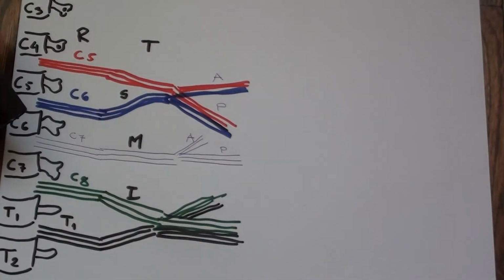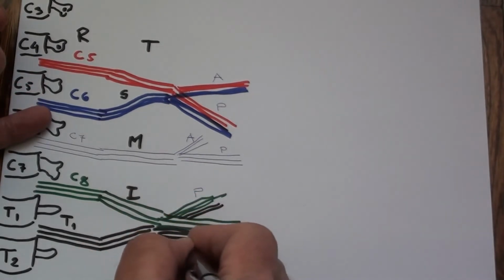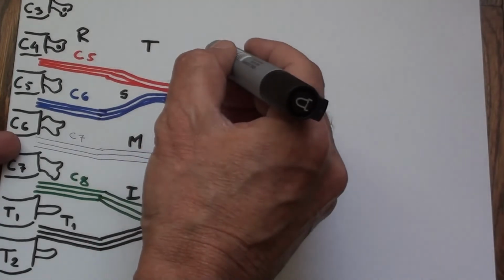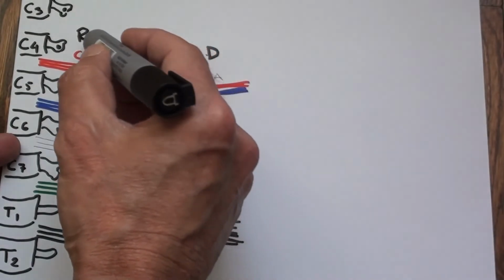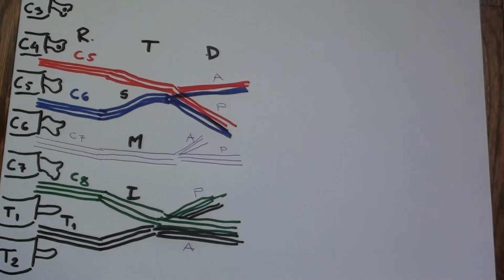So let's identify this part that we just drew. This is the posterior and this is the anterior division of the inferior trunk of the brachial plexus. So we need to put over this part of the diagram letter D. So after roots and trunks, we have now gone through divisions of the brachial plexus.